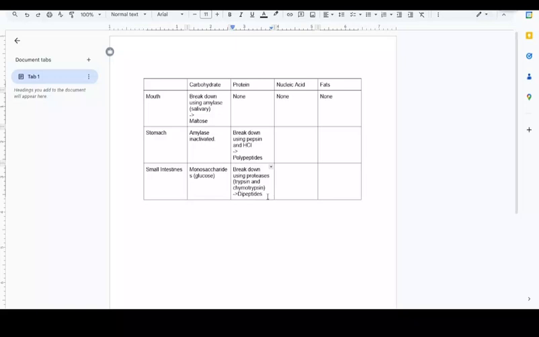And then finally, we're going to use peptidase, which is going to break down into amino acids, which is the simplest form.